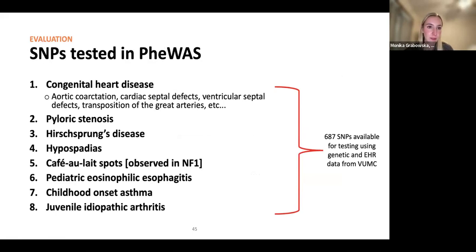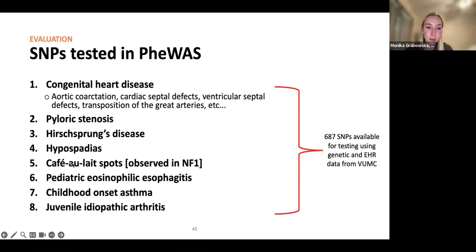In terms of the SNPs that we extracted from the GWAS catalog, we extracted a total of 687 SNPs known to be associated with pediatric phenotypes, and these were associated with 8 different pediatric phenotypes. We have congenital heart disease, which encompassed things such as aortic coarctation, cardiac septal defects, ventricular septal defects, and transposition of the great arteries, as well as other congenital anomalies with pyloric stenosis, Hirschsprung's disease, and hypospadias.